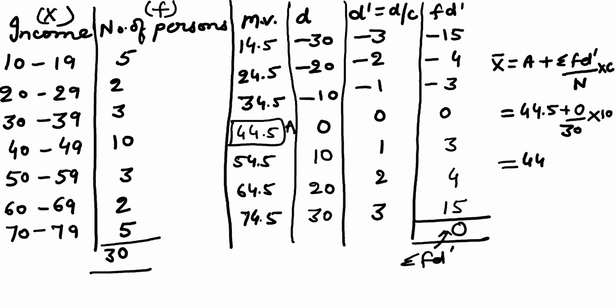So 44.5 plus 0 multiplied by 10, and you already know that if we multiply 0 by any number, we get the value as 0. So it will be 44.5 plus 0, and we will get our ultimate value 44.5 as the final answer of arithmetic mean.